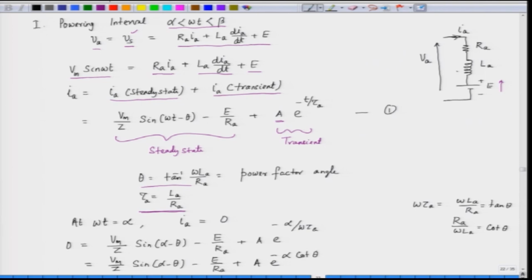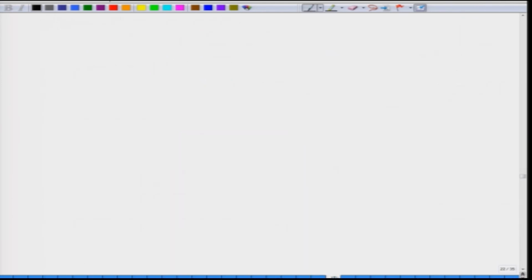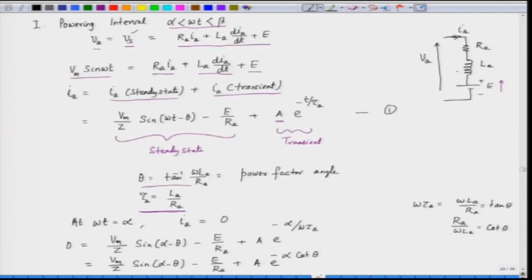Now, we have to find the value of A. The value of A is equal to E by RA minus Vm by Z sin(alpha minus theta), times exponential of alpha cot theta. This has been obtained from the previous equation.